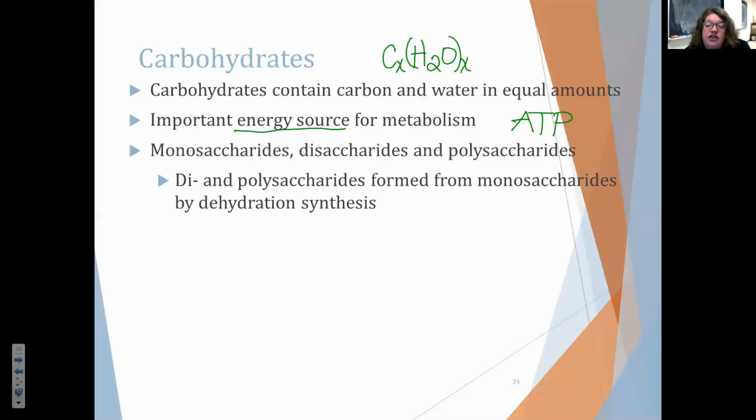We have monosaccharides, which is one single carbohydrate subunit. If you put two of them together like sucrose, that's called a disaccharide. Once we get past that, we just use poly, which means many. And so disaccharides and polysaccharides form from those monosaccharides by dehydration synthesis.